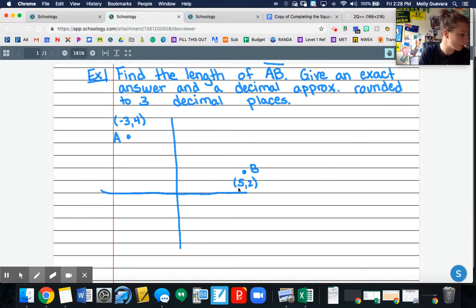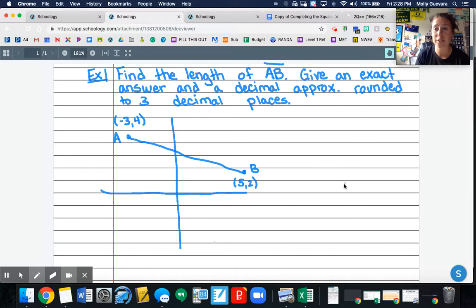That's already on your graph, so hopefully that makes sense on how we got that, because that line is already on your graph. And then the line is connected. That was a lot better than I thought I was going to do. So here's the line AB. This point is -3, 4. This point is 5, 2.